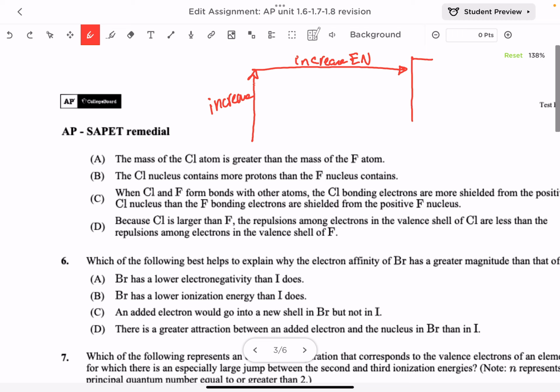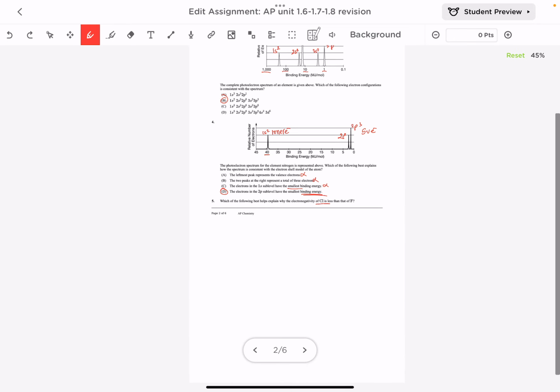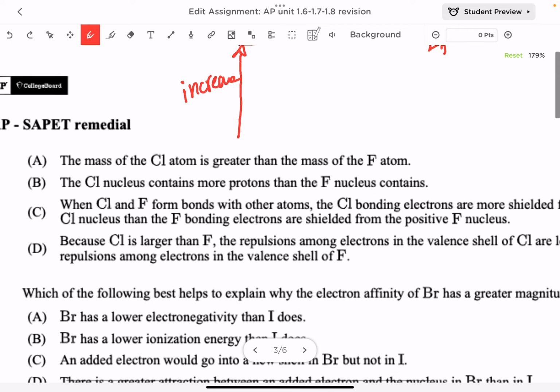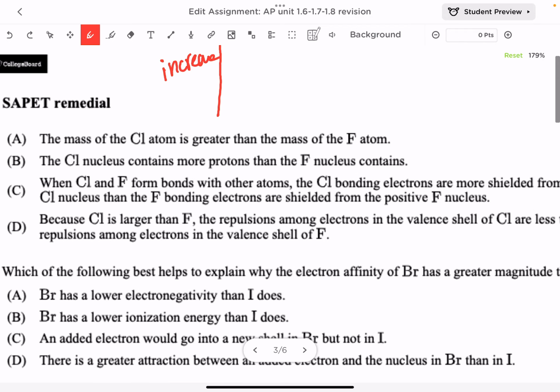The noble gases are not related; their electronegativity is 0. So what's the reason? What's the question again? What's the reason that the electronegativity of Cl is less than that of F? The mass of the Cl atom is greater?